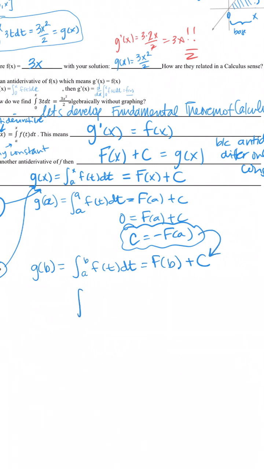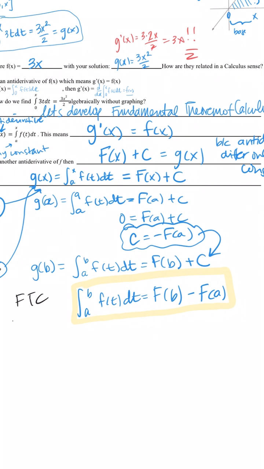So I can write the integral from a to b of f of t dt is capital F of b minus capital F of a. This right here is the fundamental theorem of calculus, part 2. This is the fundamental theorem of calculus, part 2.